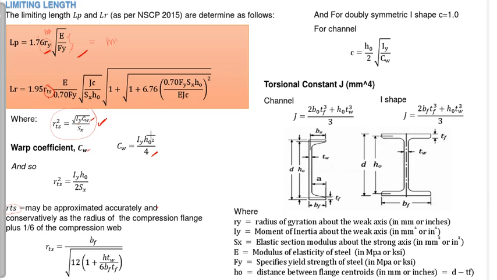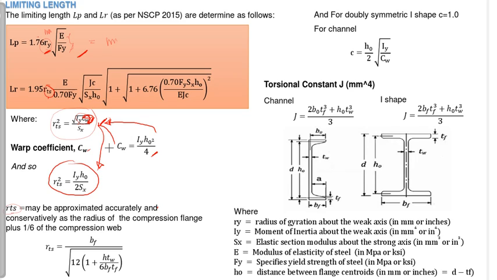So, pagka sinubstitute mo itong CW dito sa equation ng RTS, makukuha natin itong simplified equation which is equal to this. So, ito, pag sinubstitute na ito dito, ang kalalabasan, itong equation.